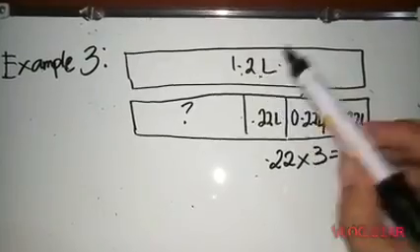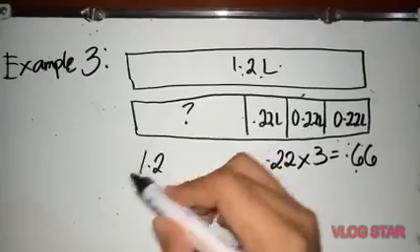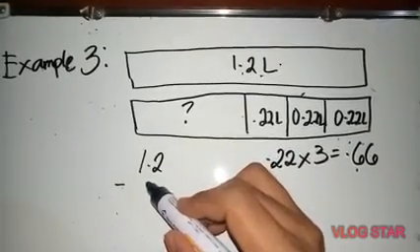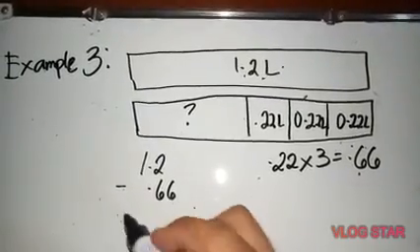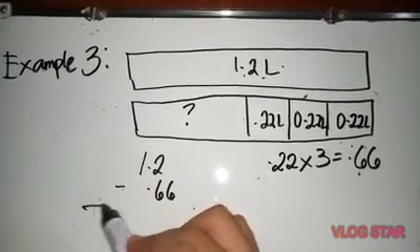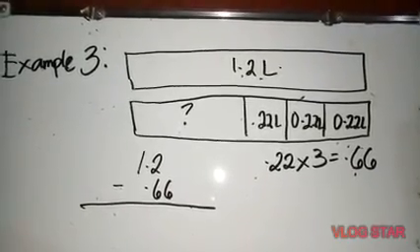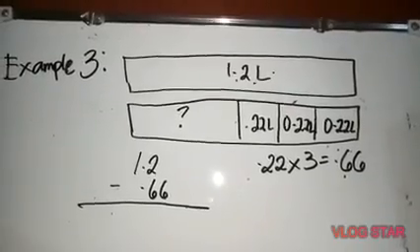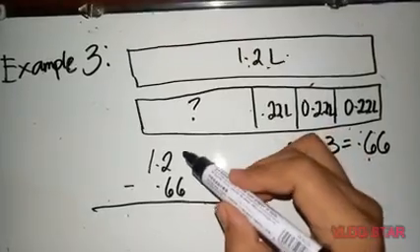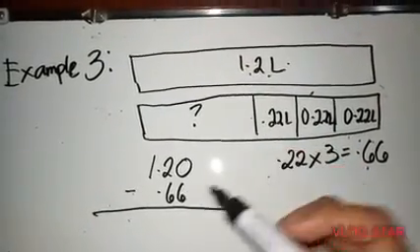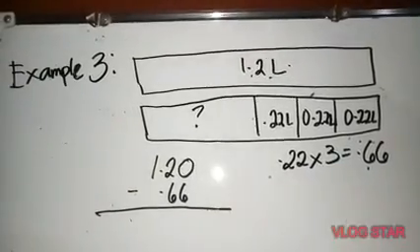subtract 1.2 minus 0.66. Just add 0 here, that's just the same, 1.2 and 1.20.